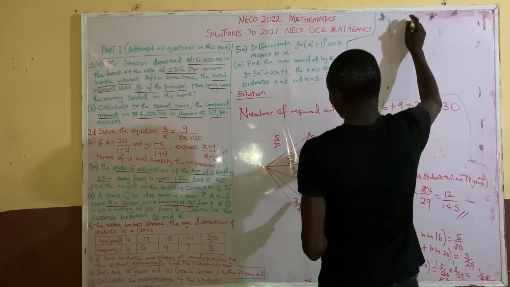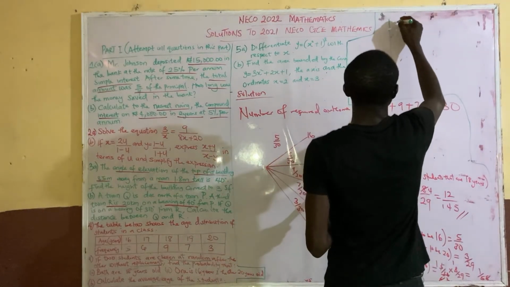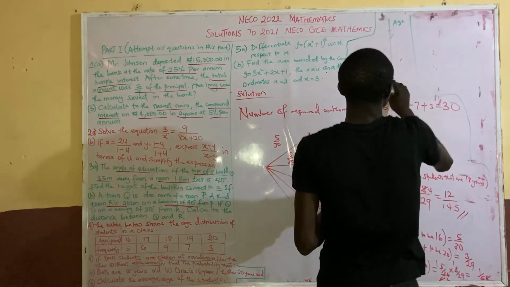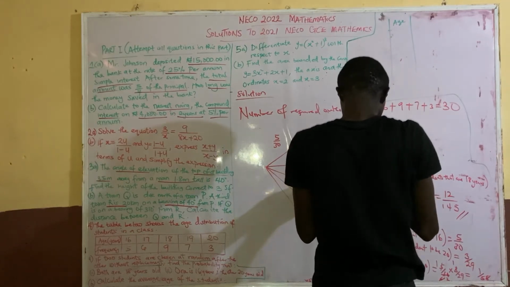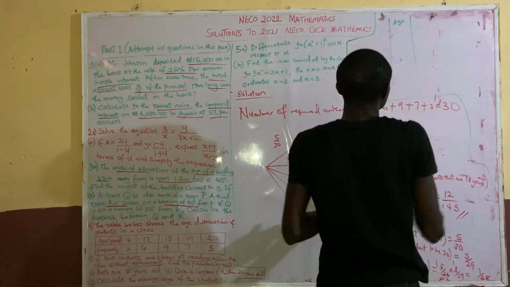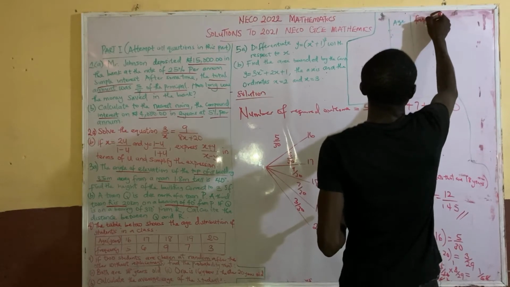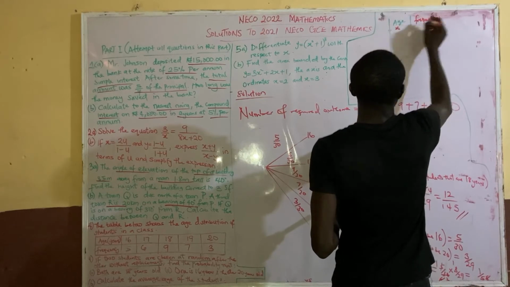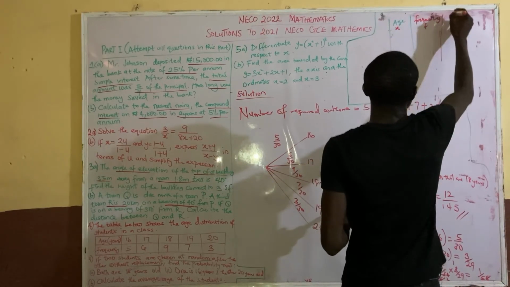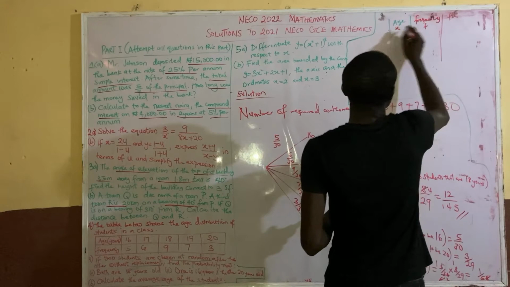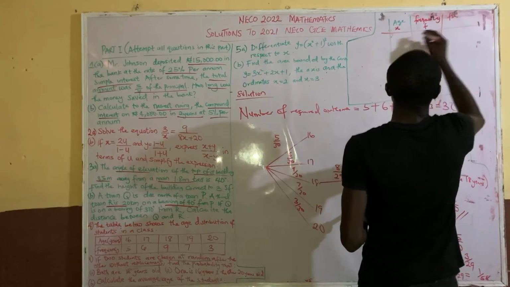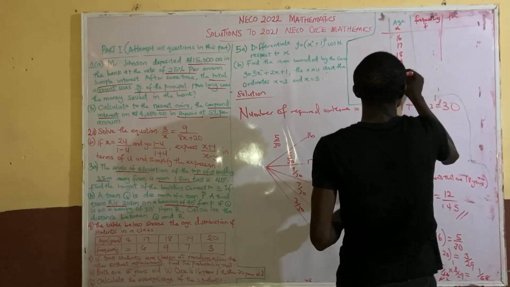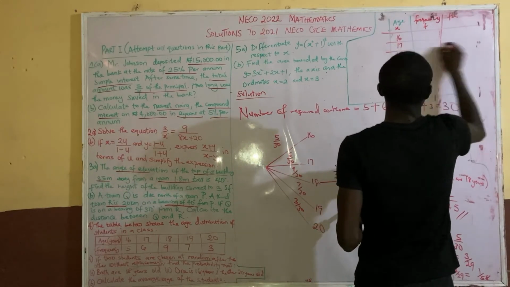We have the age, and then the frequency. The age is x, the frequency is f, and this one is fx. So the ages are 16, 17, 18, 19, 20.